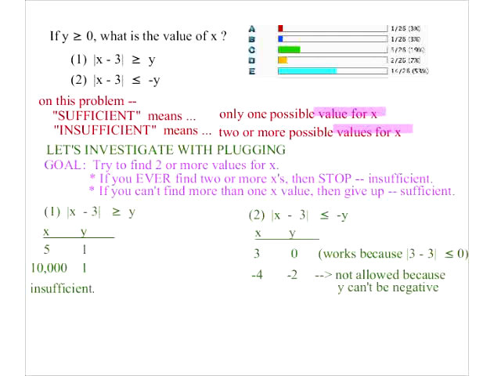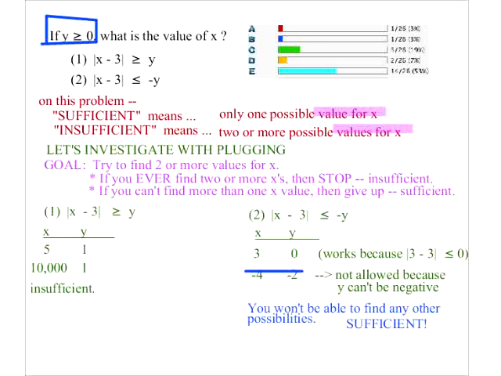So we just cross that out and pretend it never happened. Because there's a condition in here that says that Y has to be positive or 0. Can you guys come up with anything else? You can't, right? You can't find any other plugs. You won't be able to find any other possibilities. So, sufficient.